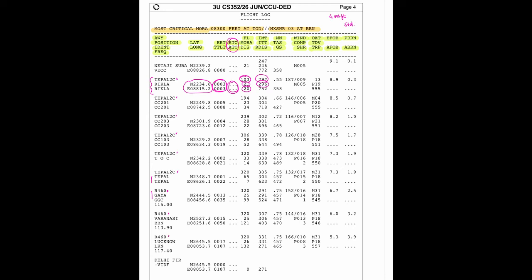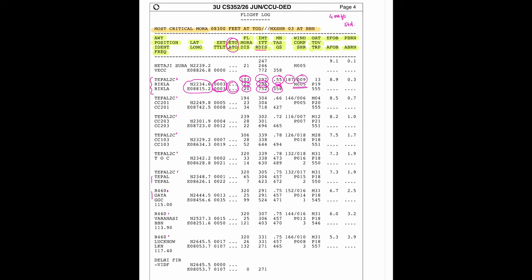RDIS is the remaining distance, that is 752 nautical miles, so 752 nautical miles away from Dehradun, DDN. Mach number is 0.55. True airspeed we do not have right now. Ground speed is 358. Wind is from 187 degrees at approximately 009 knots. Shear value is minus 005.